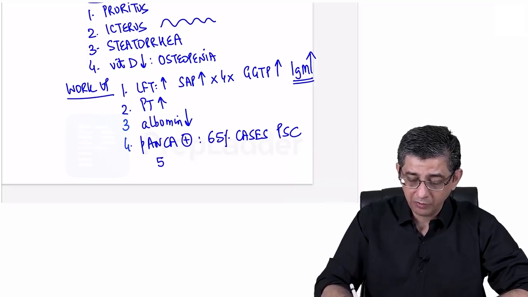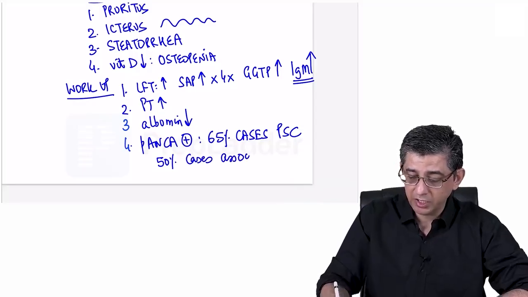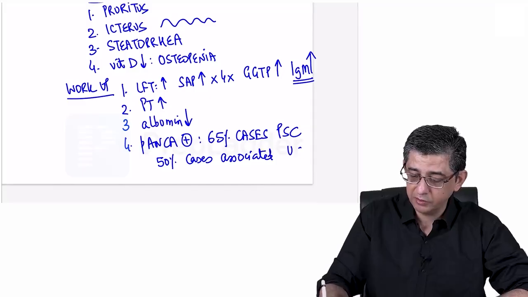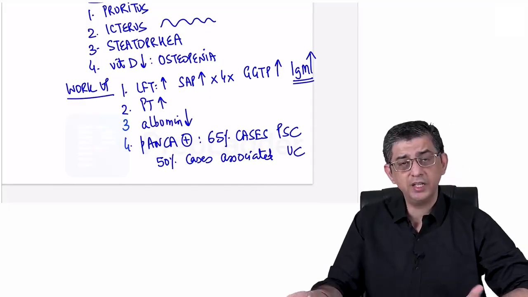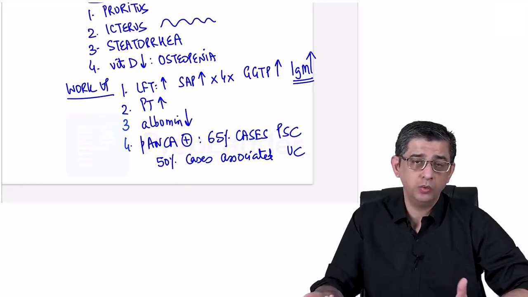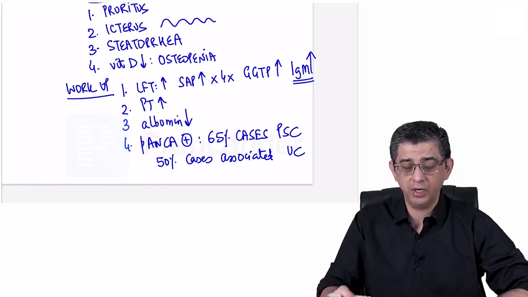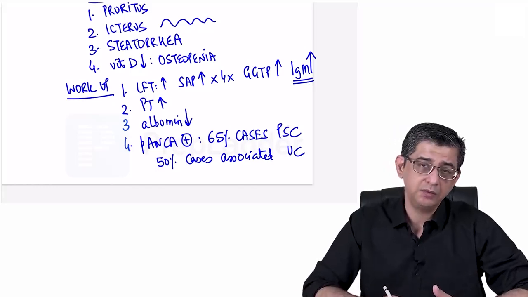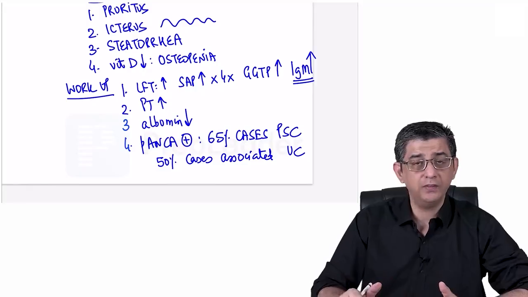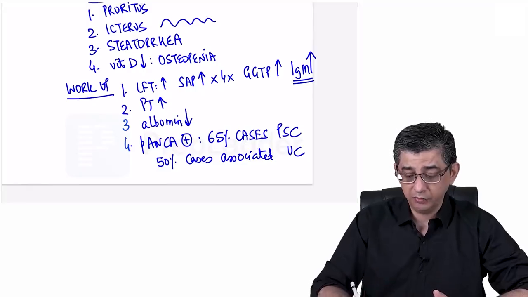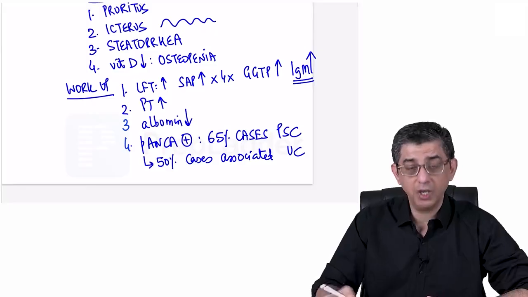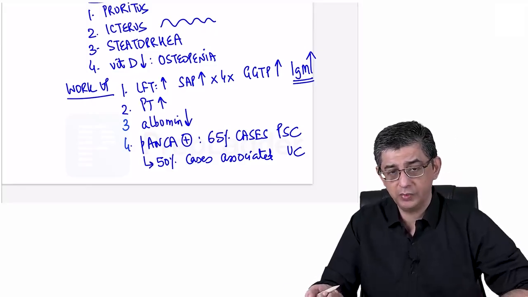And then remember another figure, 50% of these cases of PSC are associated with ulcerative colitis. The figures are new, but the data is still old for you. The only point is that he might mix and match these figures. So you just need to remember that if somebody is having PSC, the majority, 65%, are going to have this antibody, and these patients could also have a concomitant ulcerative colitis as well.